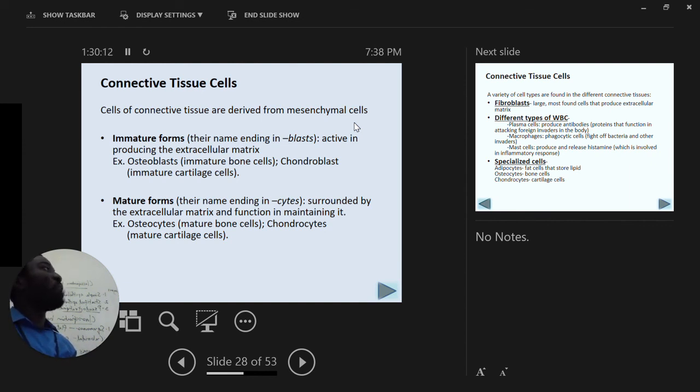Chondroblast means immature cartilage. Does that make sense? Osteo is bone. Chondro, cartilage. Mature forms: when chondroblast is matured, they become chondrocytes.